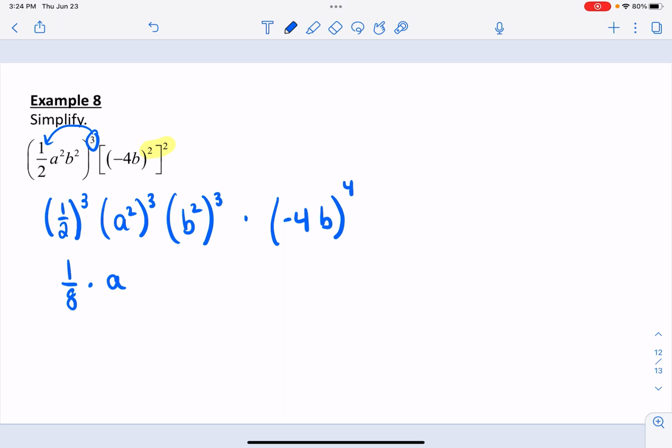Multiply those exponents. Multiply these exponents. And now I have -4 to the 4th and b to the 4th. Okay, so I have -1/8 times -4 to the 4th.